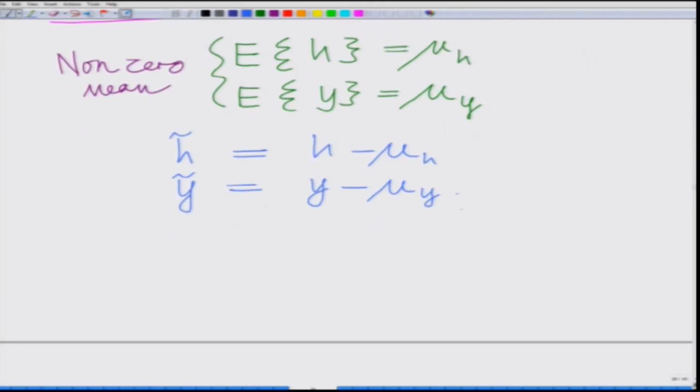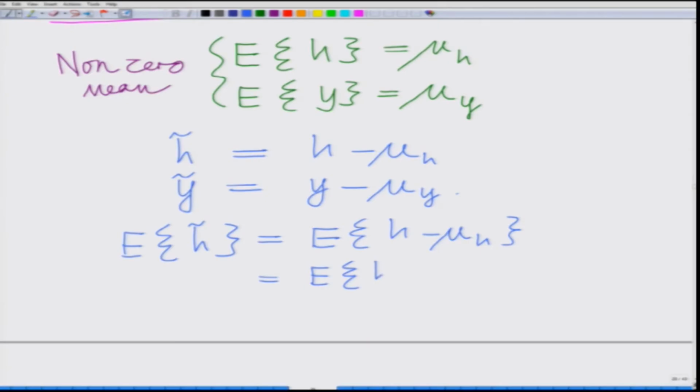That naturally follows, because expected value of h tilde equals expected value of h minus mu h, which is equal to 0. Similarly, expected value of y tilde equals 0.